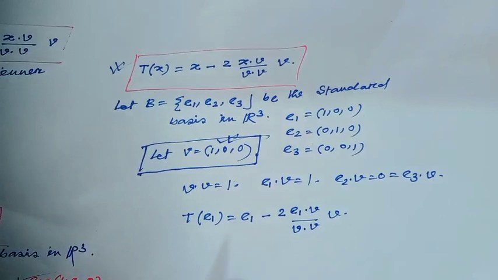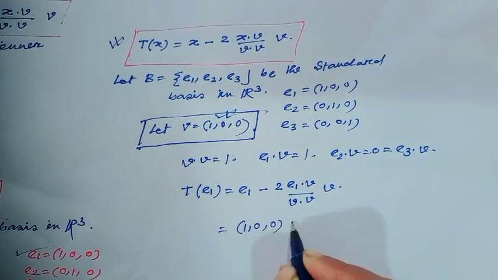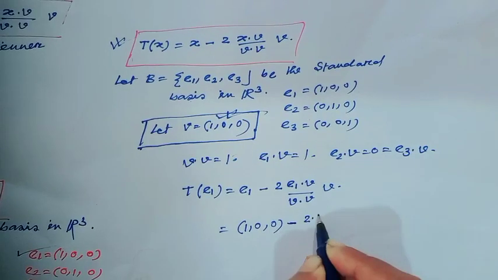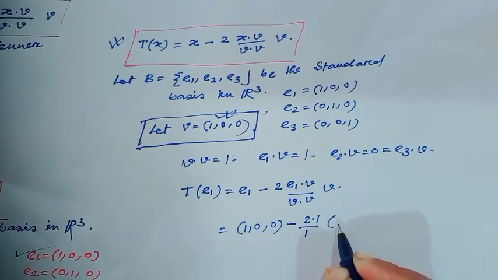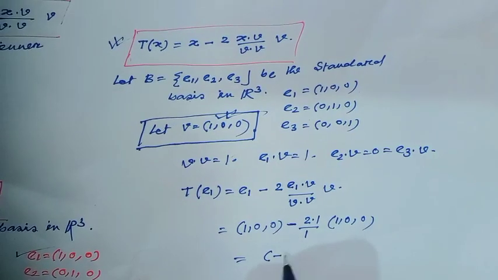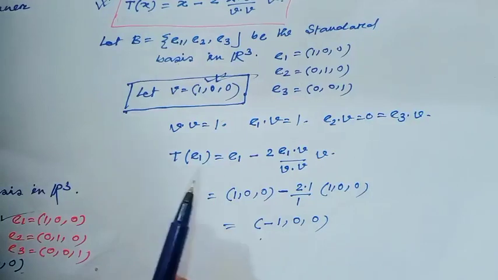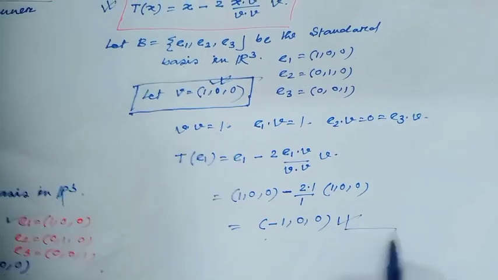Now put in the values. This is (1, 0, 0) minus 2 times 1 over 1 times (1, 0, 0), which is (-1, 0, 0). That means T(e1) = (-1, 0, 0).